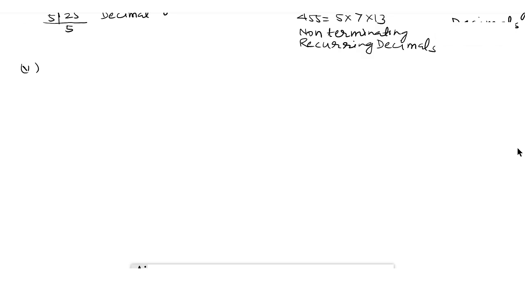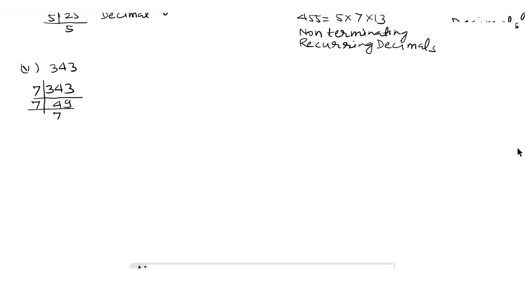Part 5th, the denominator is 343. So on prime factorization, we get that 343 is not divisible by 2, it is not divisible by 3, it is also not divisible by 5. So we divide it by 7 and it is divisible by 7. 7 divides 343 forty-nine times. It is again divisible by 7.